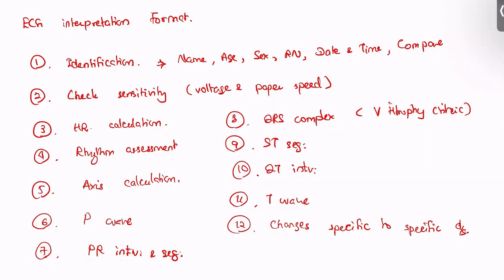The second step is to check sensitivity. Check voltage and paper speed. Voltage means the height of the ECG, and paper speed is the width of the ECG waves. Let's start with the paper speed.